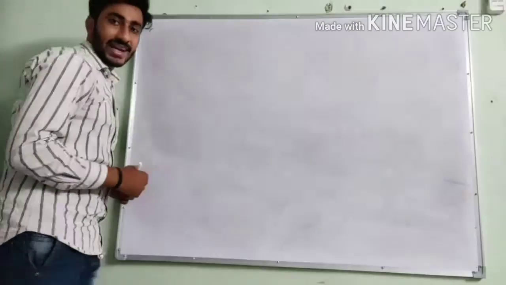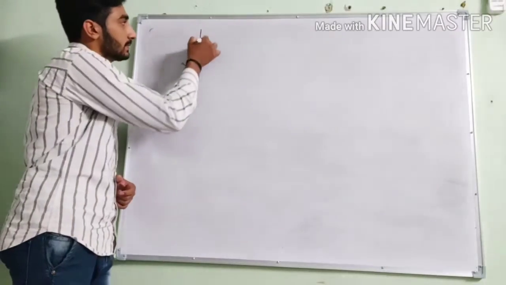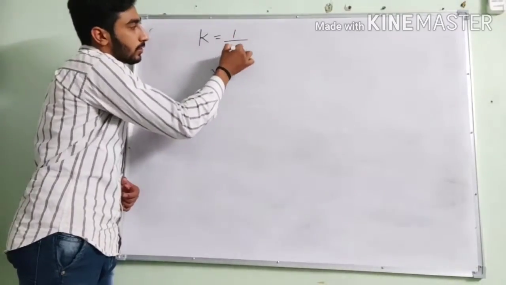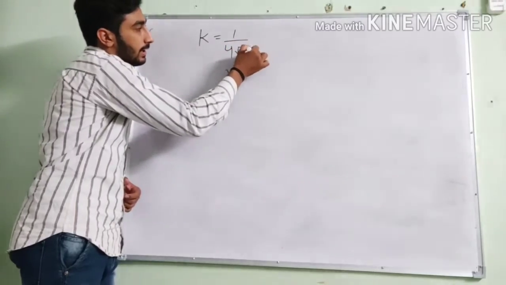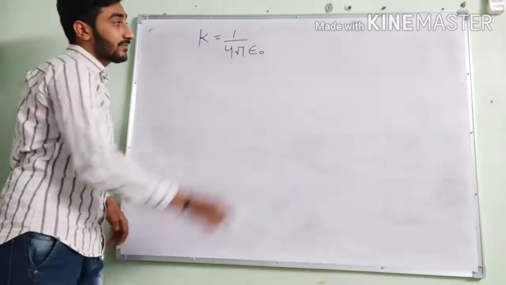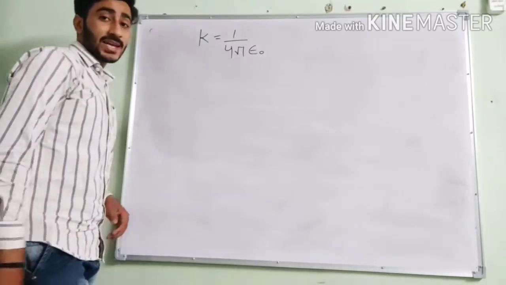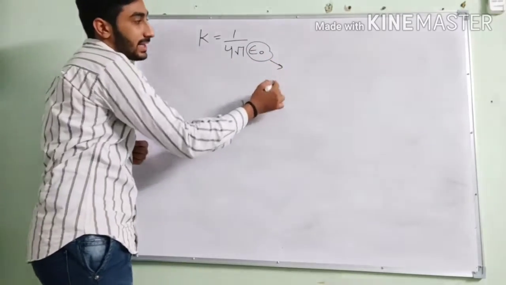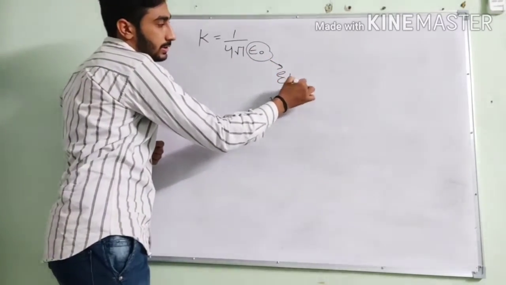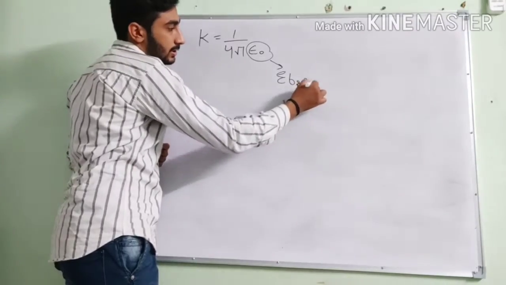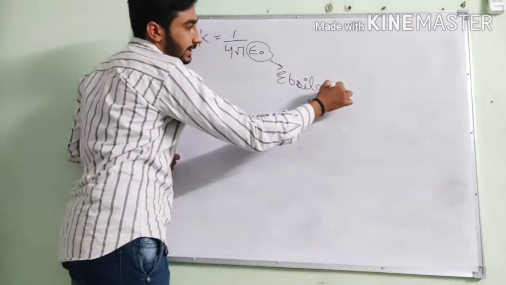The value of K is given by K is equal to 1 upon 4 pi epsilon naught, where this one is epsilon naught.